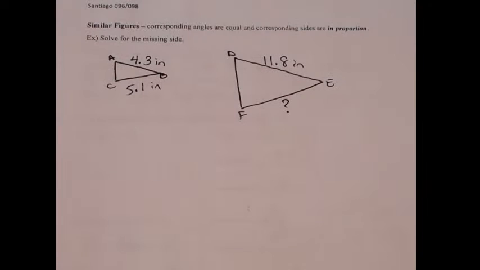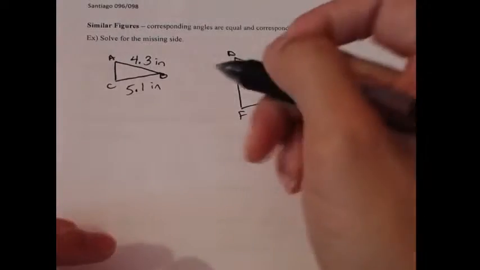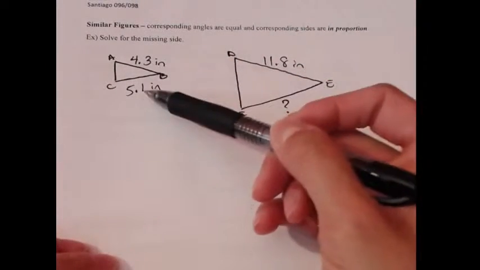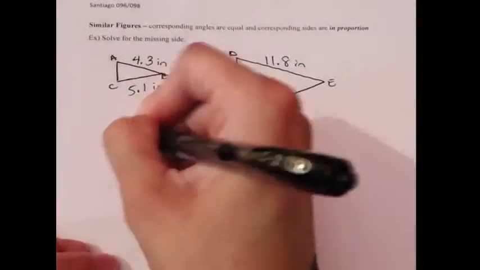Because these are similar figures, and because our corresponding sides are in proportion, we can actually write out a proportion to solve for the missing side. So we would like to come up with a proportion. We can say 4.3 over 5.1.